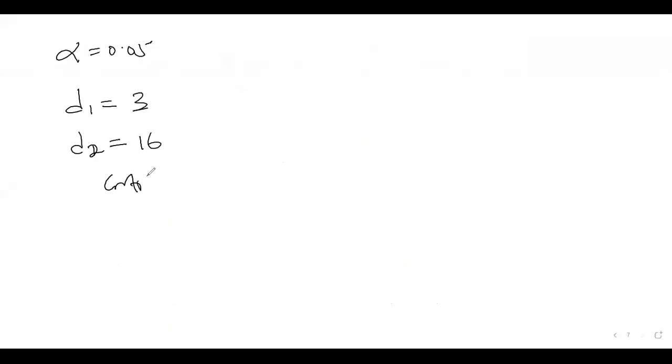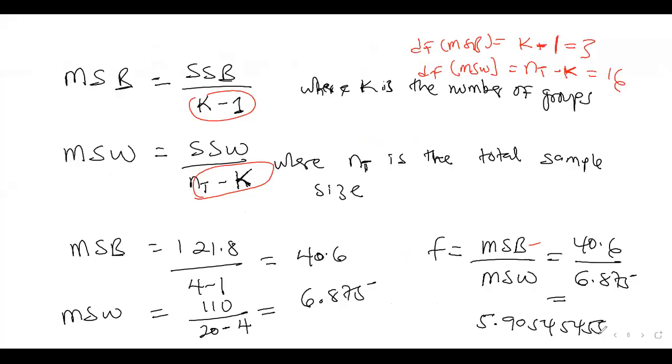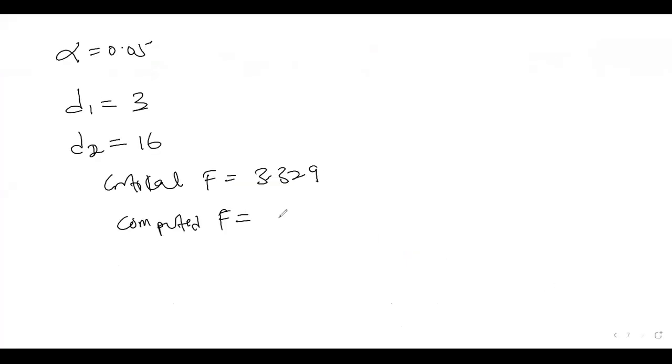So the critical F is 3.329. And the computed F, as you remember, was 5.9054.